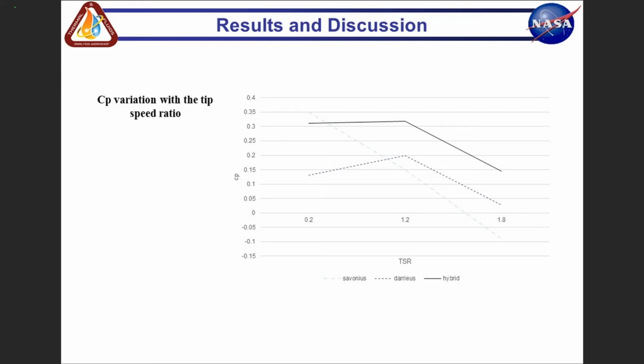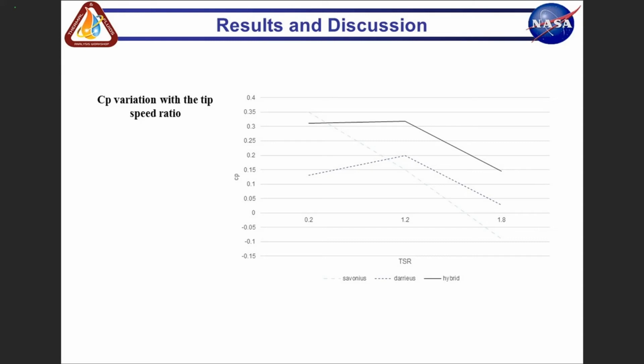There is also a variation of the coefficient of performance with the tip speed ratio between the three different types here, the Savonius, Darrieus, and the hybrid. The wind speed is fixed at 6 meters per second, and the figure shows the ability of the Savonius turbine to self-start because it has a high Cp at the lowest tip speed ratio.